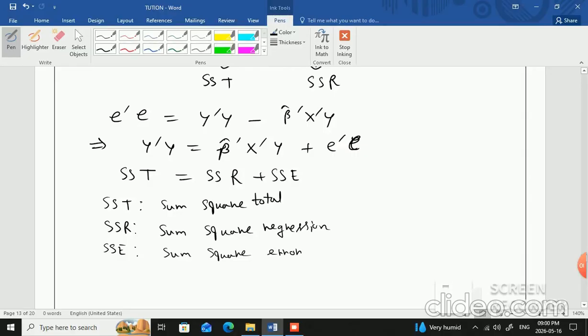This is the sum square total, sum square regression, sum square error.